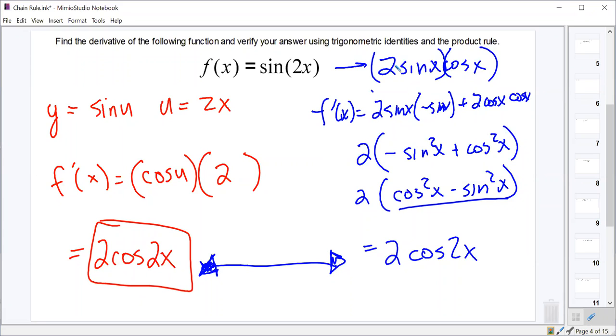So our u function is 2 sine x and our v function is cosine x. So I did u, 2 sine x, times the derivative of v, which is negative sine x, plus the derivative of 2 sine x, which is 2 cosine x, times the cosine x, using the product rule. Does that make sense? Yeah. Okay, cool. Any other questions on that?